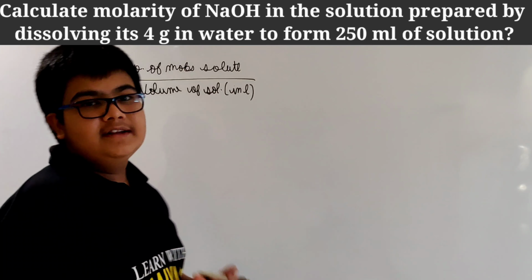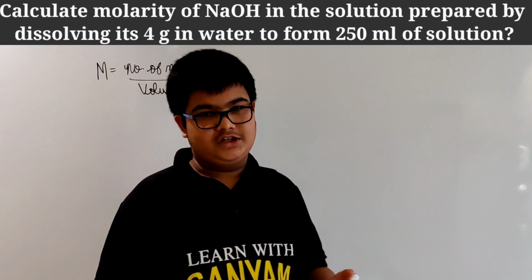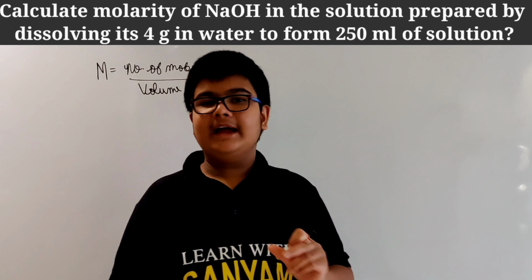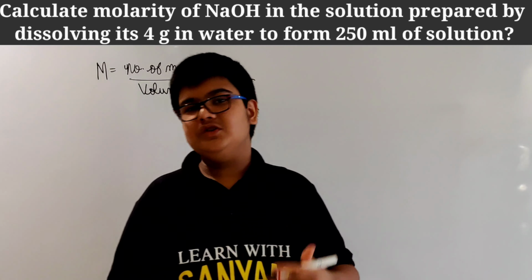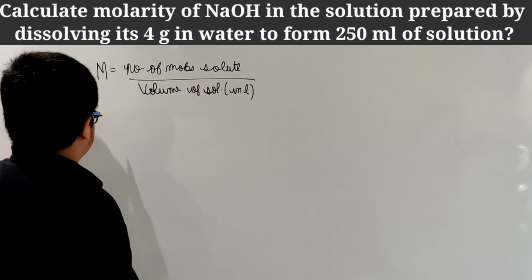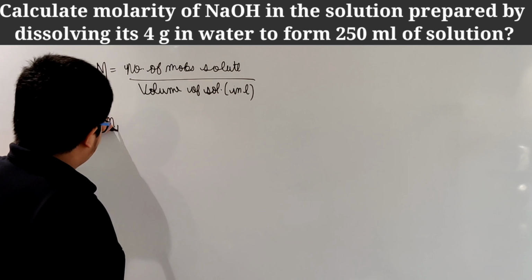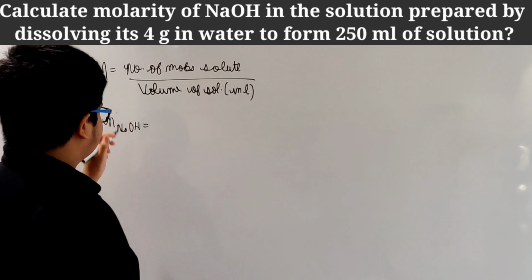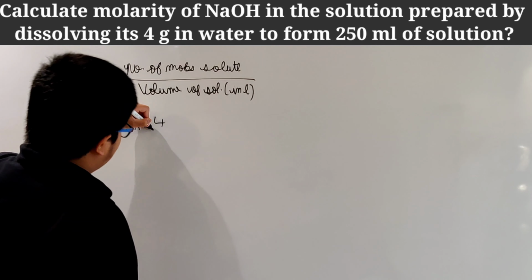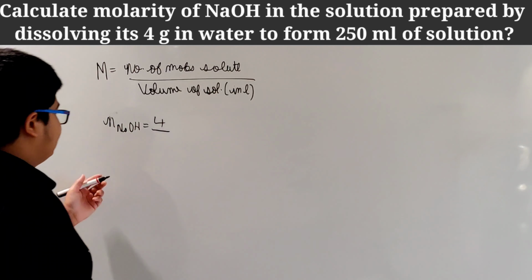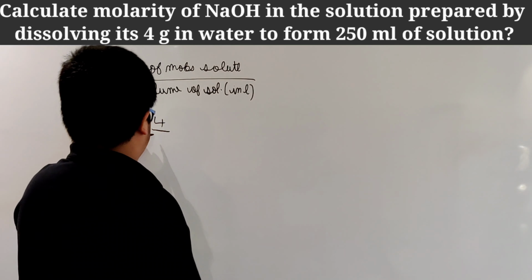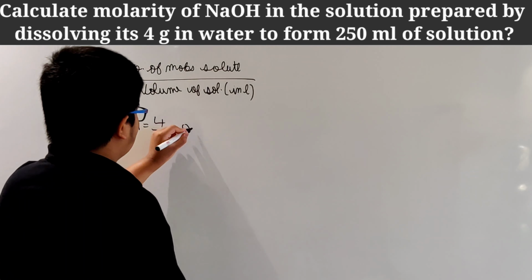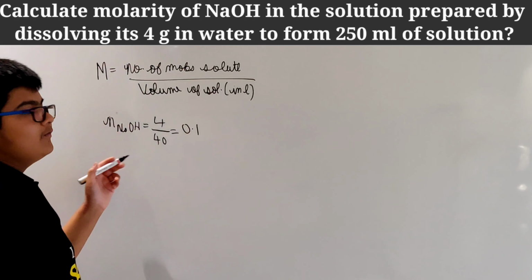Here we are not given the number of moles of solute, that is NaOH, but we are given the mass of NaOH. So from that we can easily find the number of moles using the number of moles formula. So number of moles of NaOH will be given mass, that is 4 gram, upon molar mass of NaOH, that is, as we have calculated earlier, 40. So there are 0.1 moles of NaOH, or 4 upon 40 moles of NaOH.